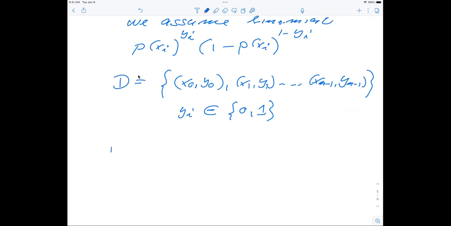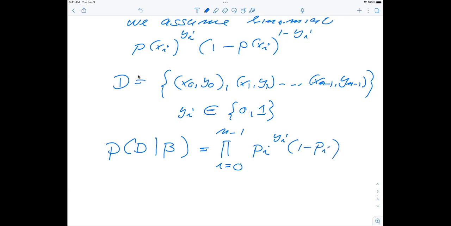Then the probability of finding the output y with a given input and given this parameter beta, as we did before when we set up the ordinary least squares equation based on a Gaussian distribution, is now going to be given by the product over all these probabilities from i equals 0 to n minus 1, of p_i to the power of y_i, and (1 minus p_i) to the power of 1 minus y_i. So this is my model for the probability.